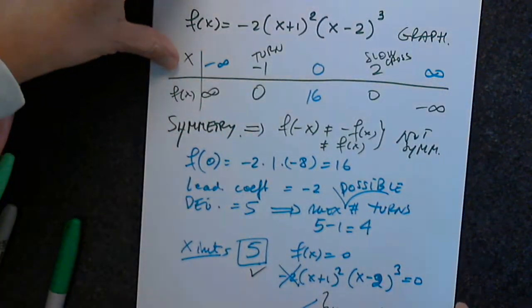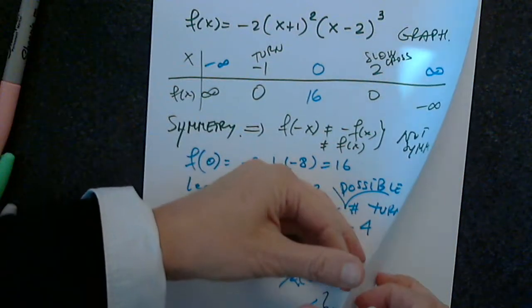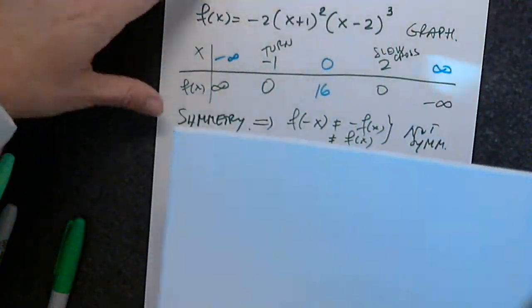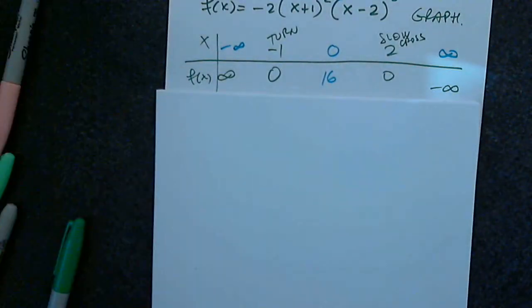Okay, so now I'm ready to graph. I don't care about my notes. I only care about the table. And here is what the table is telling me. Let's analyze this. So obviously it starts at infinity. It will come down to negative 1, 0. It will turn. It will cross the y-axis somehow.